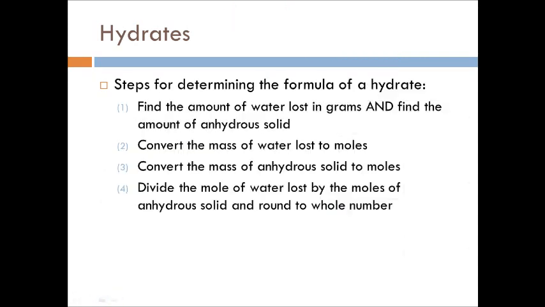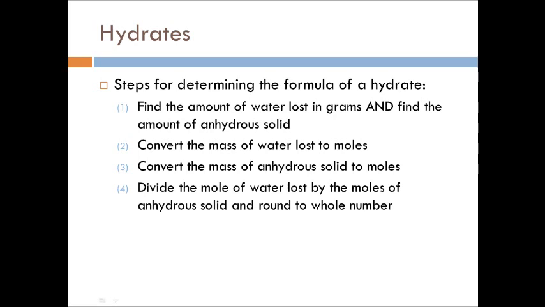Now, one of the things we can do if we're given data from a lab is find the formula of a hydrate. And we have four steps to do that. You find the amount of water lost, and you find the amount of anhydrous solid, so how much solid is left over once you evaporate all the water. The first thing you do once you find those two values is convert the mass of water to moles.